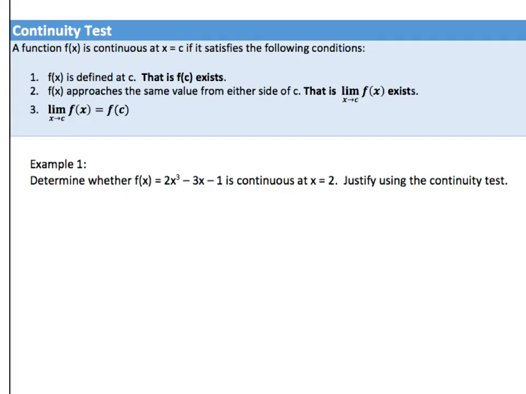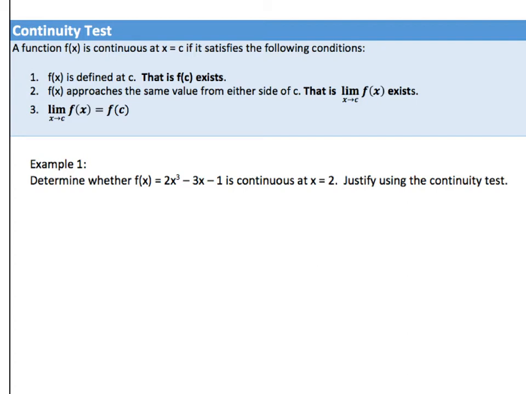So of course we have ways of proving functions to be continuous in higher order math. There's something known as the continuity test. So there's 3 parts to this. In order to prove that a function is continuous at x equals c, you have to prove these following 3 conditions. First of all, f of x is defined at c. What's that mean? It means that if you plug in a number into your function, it exists.